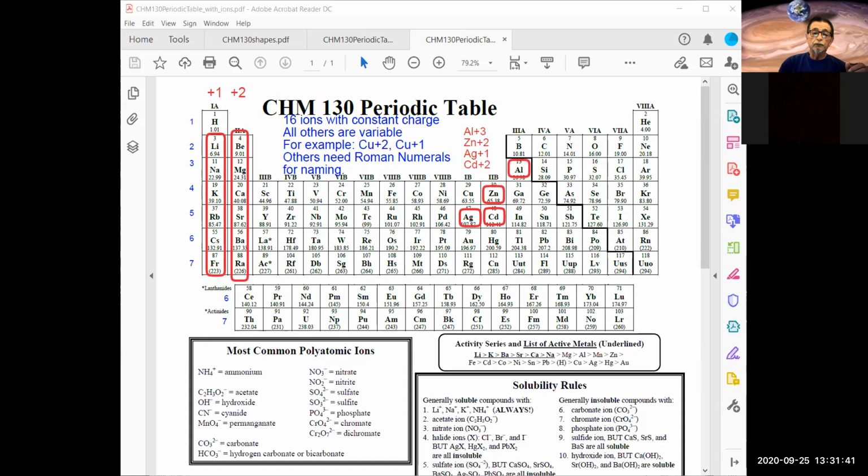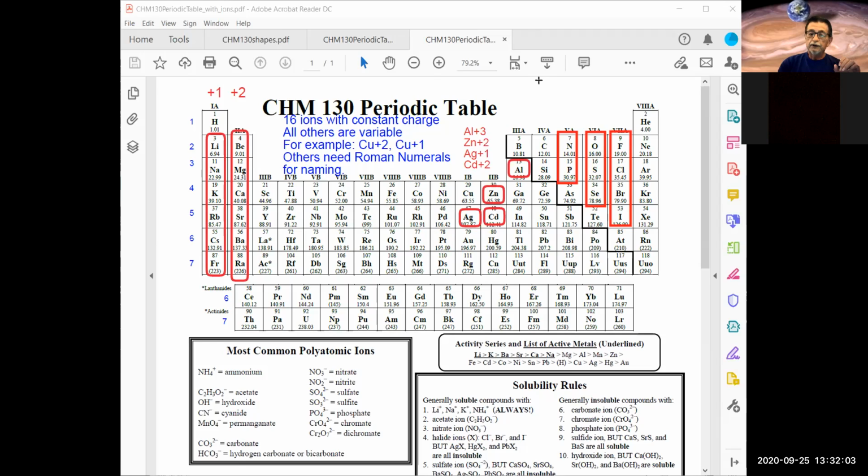Let me do one more thing here. The nonmetals, when they become ionic, I'm just going to start, not do all of them, just some of them. Okay. The nitrogen and the phosphorus, they're going to gain 3 electrons.